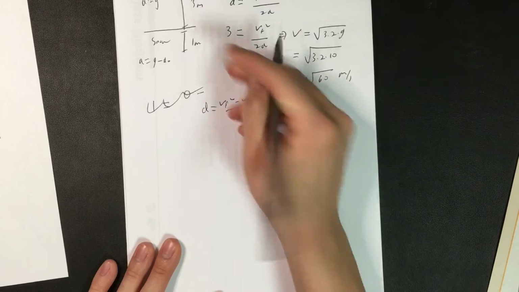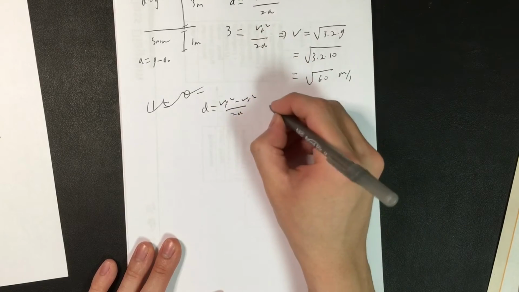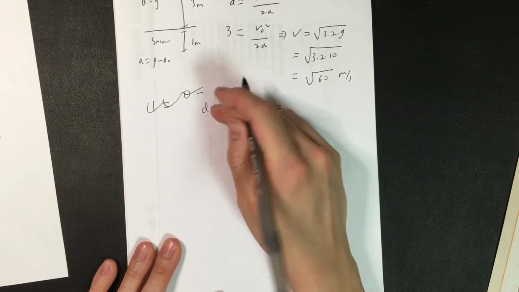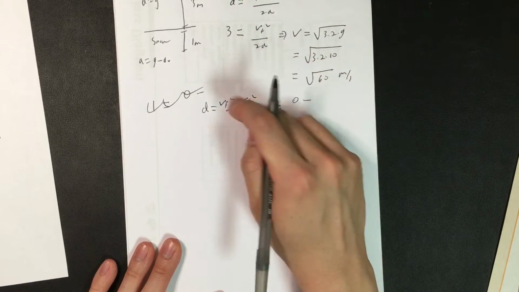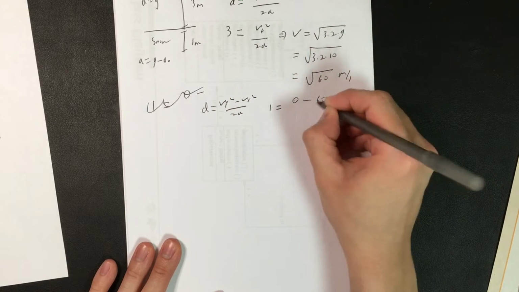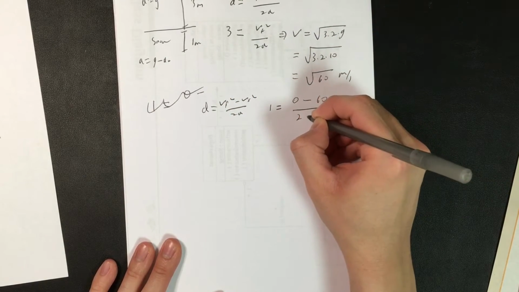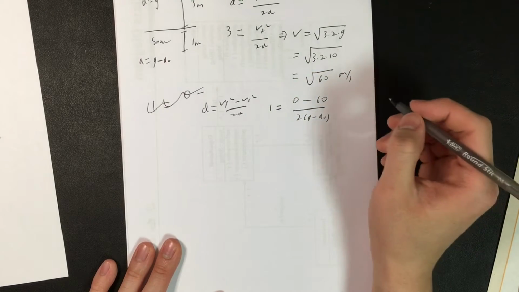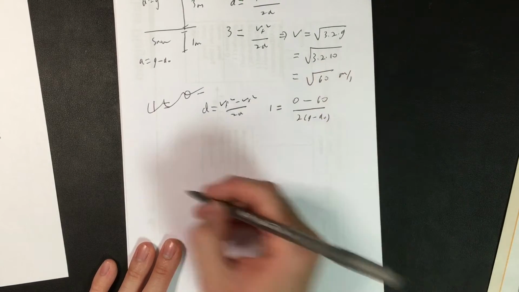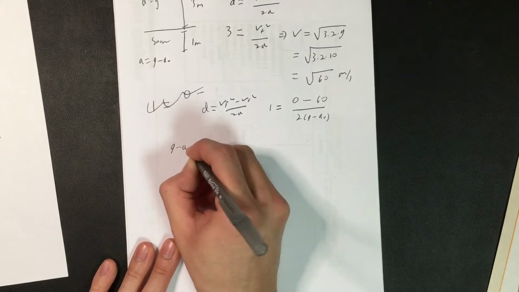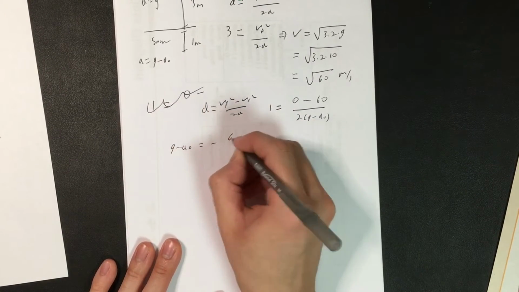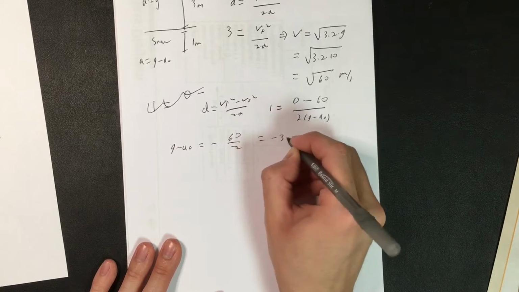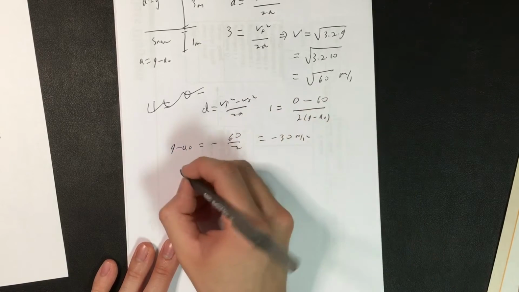For the second half of motion, distance equals 1 meter, final velocity equals 0, the square of initial velocity equals 60, and the acceleration equals g minus a naught. And therefore, solving, I get g minus a naught as negative 60 over 2, which equals negative 30 meters per second squared.